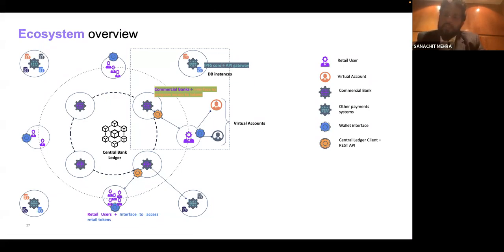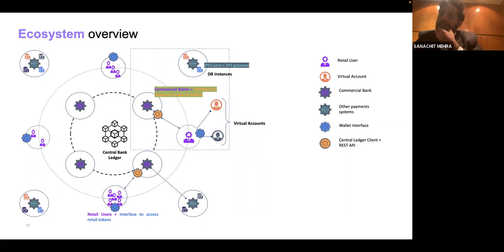And so once these commercial banks are interacting with the central bank, this is the use case for having a typical wholesale CBDC, because that's where these banks would be making payments among each other and also balancing their reserves with the central bank as well. And so you would end up using a wholesale CBDC and managing settlements right at the central bank ledger layer.